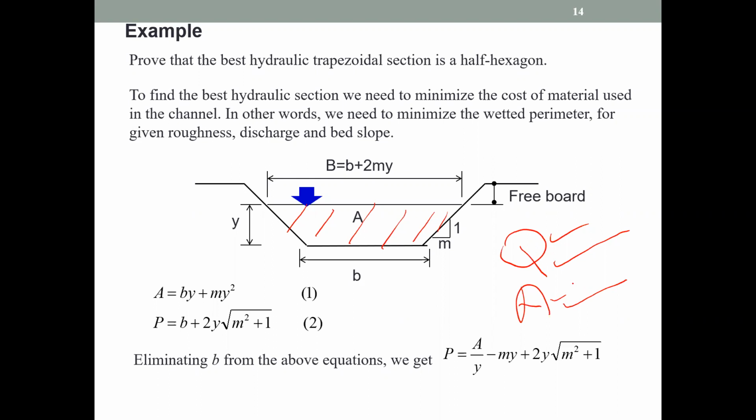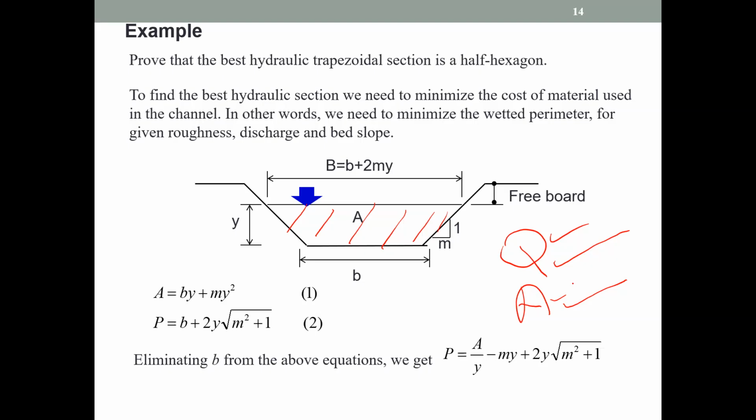Now I will go quickly through the derivation of this equation, or derivation of this cross section. What should be the dimension that it satisfies the technical criteria, or in other words, we call the hydraulic efficiency, while minimizing the construction cost?